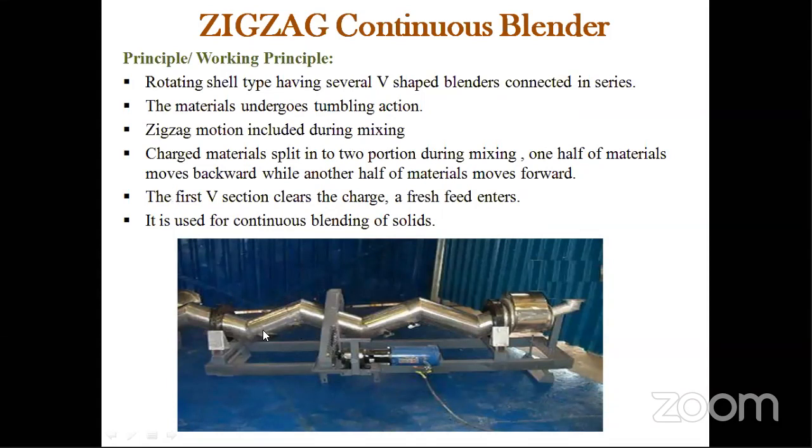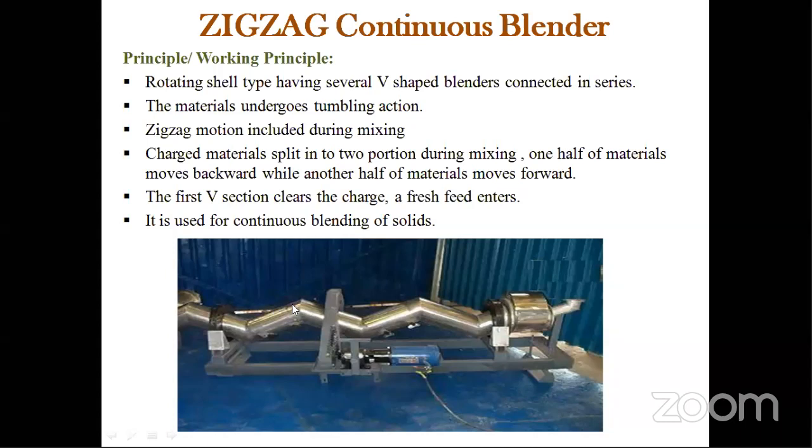During the process, when you put the material into the mixing vessel, it is rotated by the motor. What happens? A zigzag motion is created in the mixture. The charged material is first split into two or more proportions during mixing. One half of the material is moved backward.